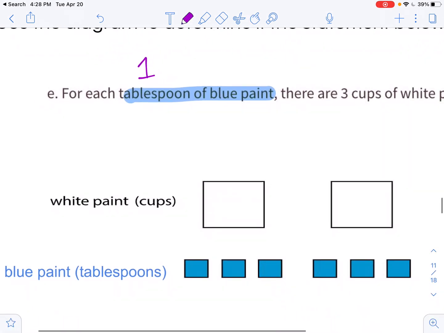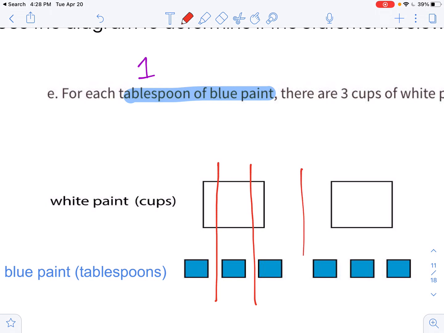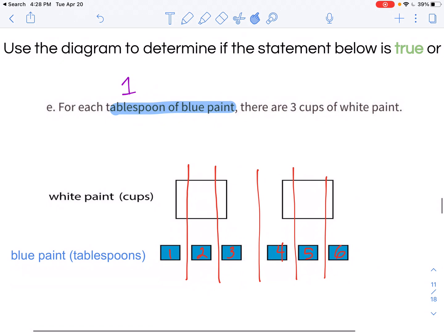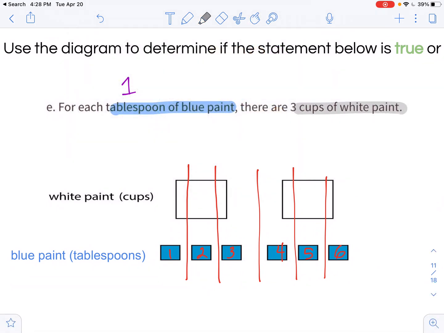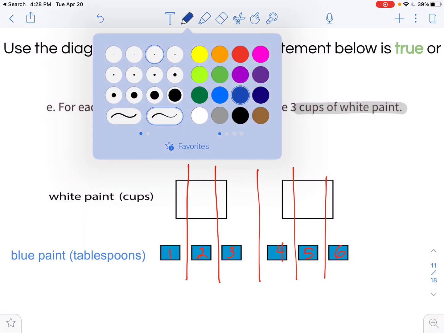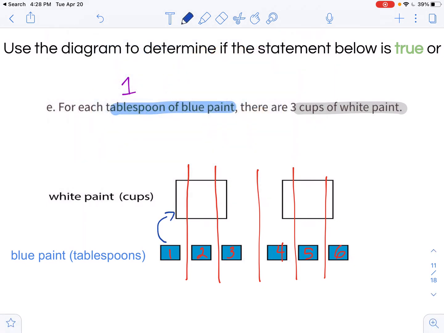So if I split the tablespoons of blue paint apart, every time I have 1, so here's 1, so you can see the groups of 1 blue. Every time I have 1, it says there are 3 cups of white paint. Well, that doesn't look true at all. Here's what goes with that 1 blue.